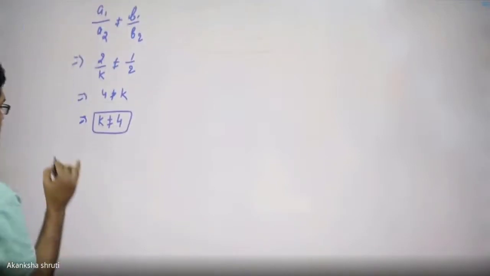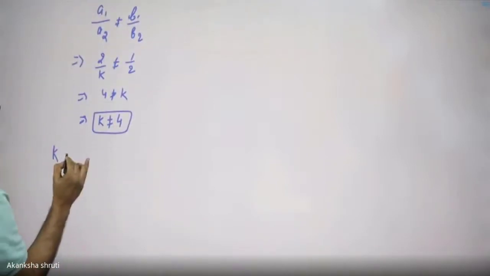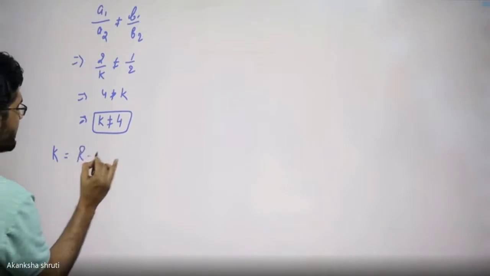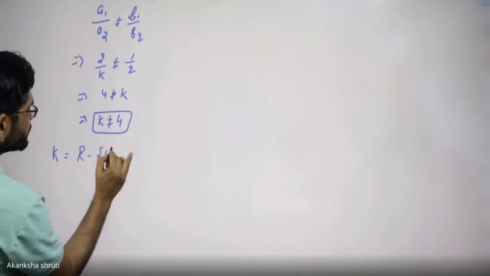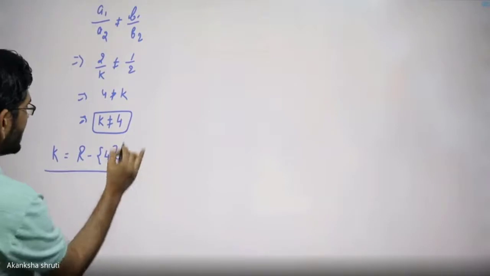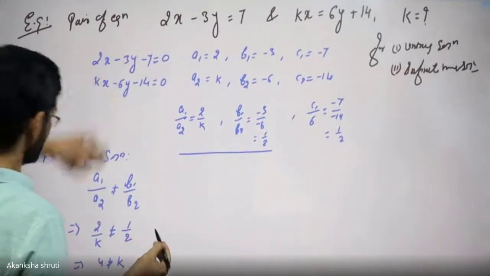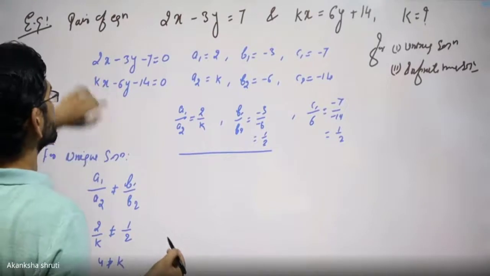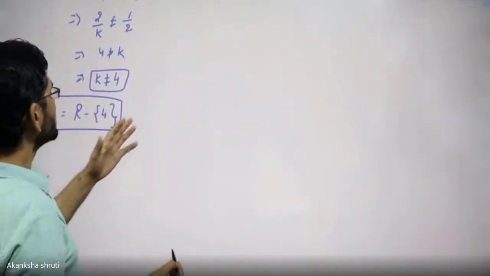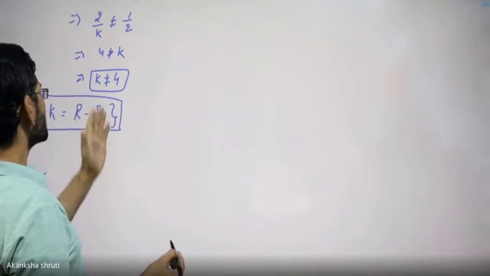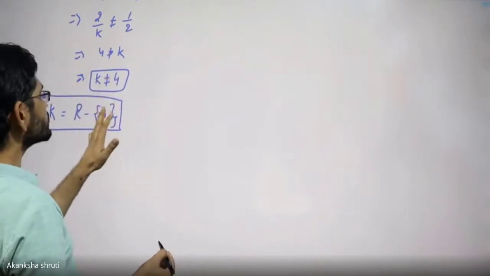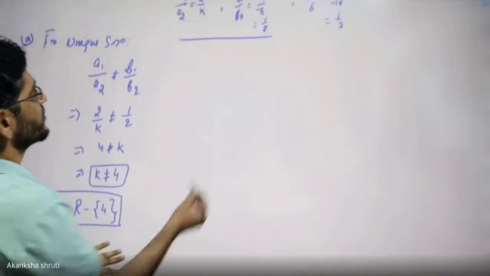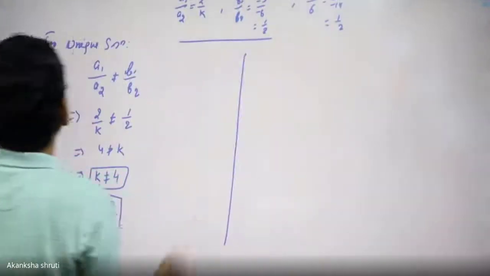Means what? k can be any real number excluding 4. Then this equation can give you the unique solution. Means this k can be 2, 3, minus 2, 1 by 2, any value, but it should not be 4. Okay, students? It could be like this.